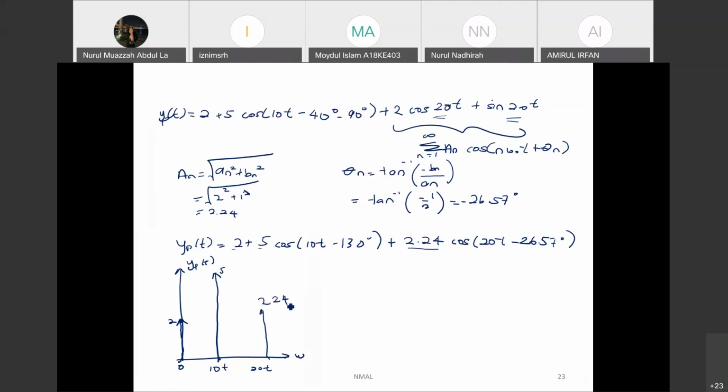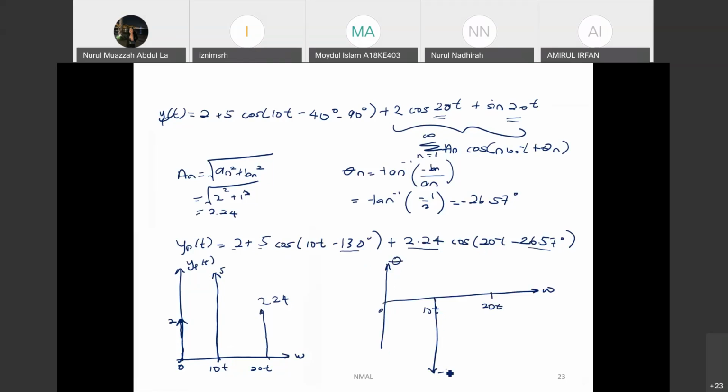Okay, and then you take the phase part. Okay, we have all the negative part. So here is omega 0, 10, 20. You can put like this. For 10, the value is here.